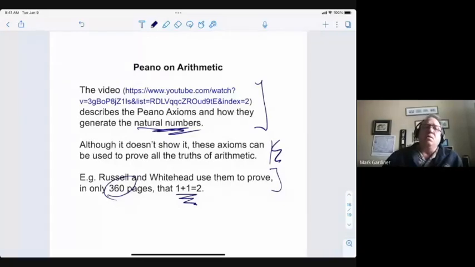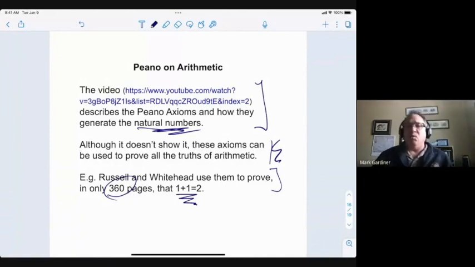So here's what we want our fundamental system to do. I'll pull up that screen. We want it to do what Euclid and Peano are trying to do, but we want it to do it even more foundationally, or more generally.